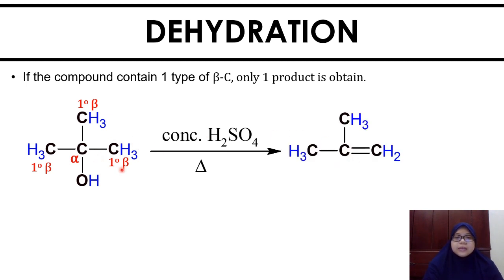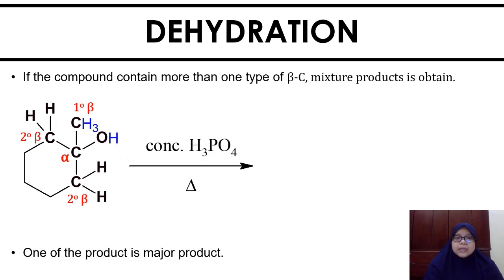Let's say I remove one hydrogen here and one OH here, so we will form another bond between those two carbons, forming an alkene. If you have more than one type of beta carbon, you will get a mixture of products.